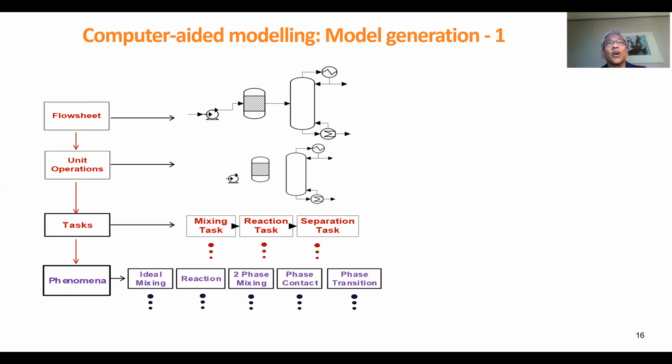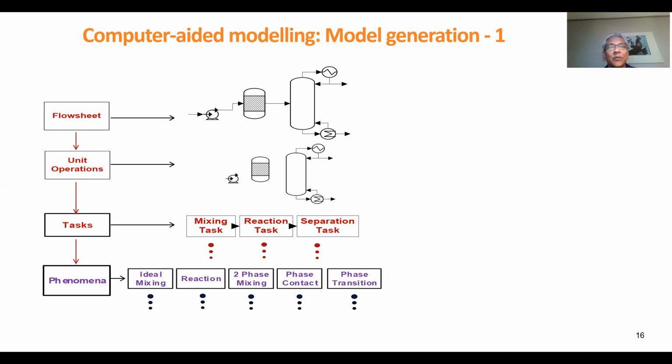So we see at the top a flow sheet that is then divided into the unit operations, which is then divided into tasks, which is then divided into phenomena. So what we are doing is, as we go from the top one by one to the bottom, we are reducing the scale.